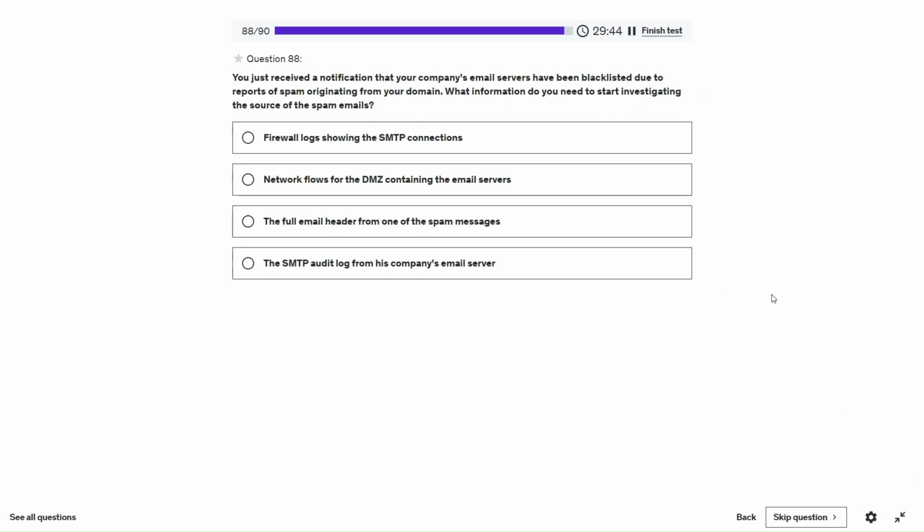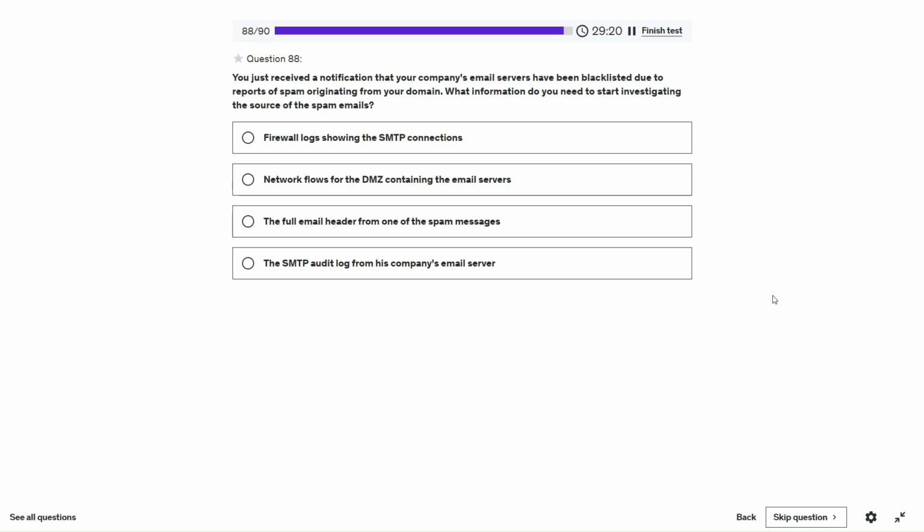You just received a notification that your company email server has been blacklisted due to reports of spam originating from your domain. What information do you need to start investigating? Your email server is blacklisted because spam emails are generated from your domain.